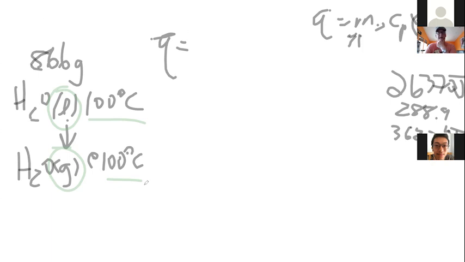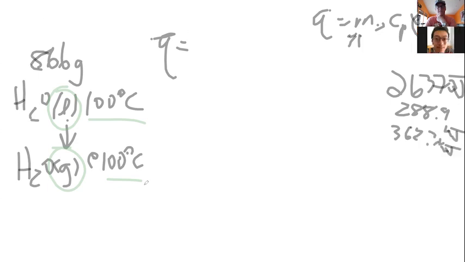Why isn't this a heat capacity issue? What do we use to solve for Q then? If we don't use heat capacity to solve for Q, how are you going to solve for Q? So how do I solve for Q for this step?